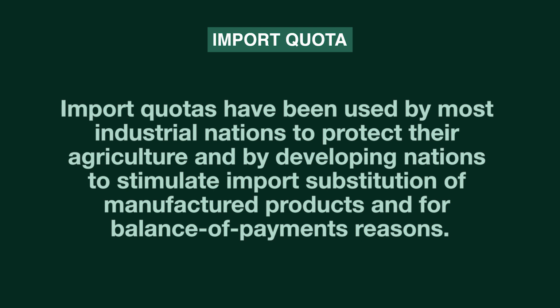And in developing countries, say like India, import quotas are generally used to increase import substitution industries in the country by restricting imports of manufactured goods from advanced countries. And also for balance of payment reasons, such policies are used.